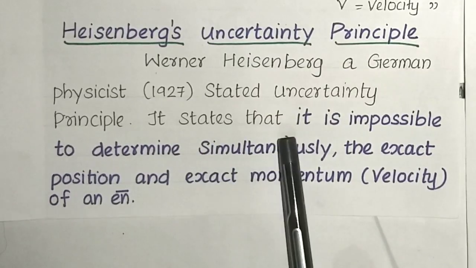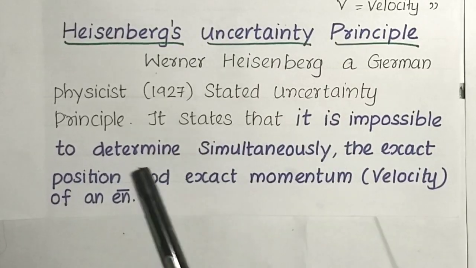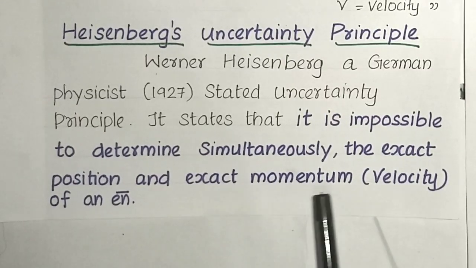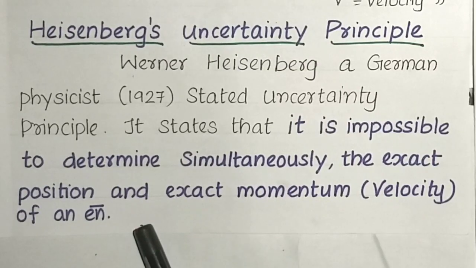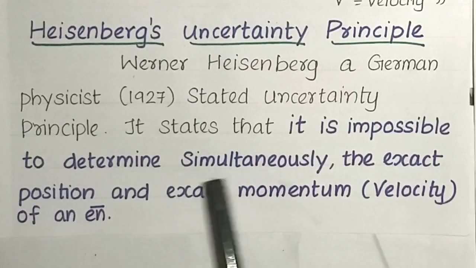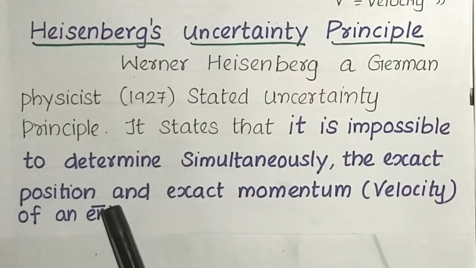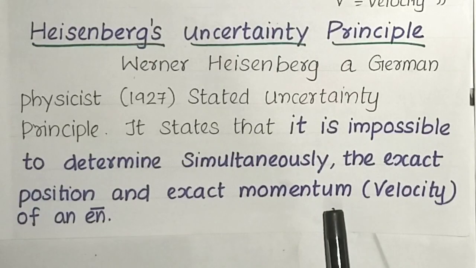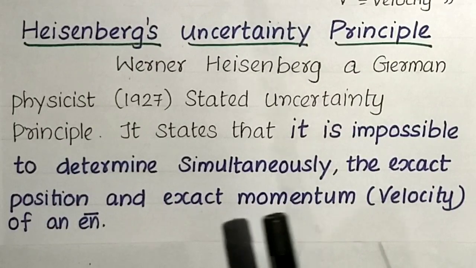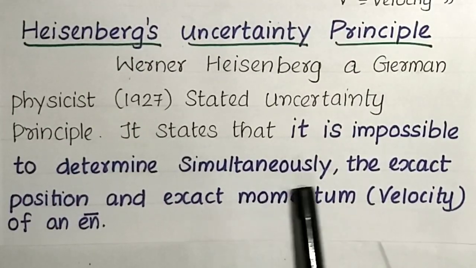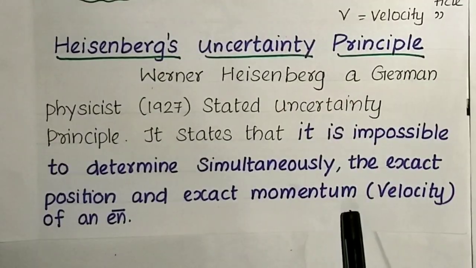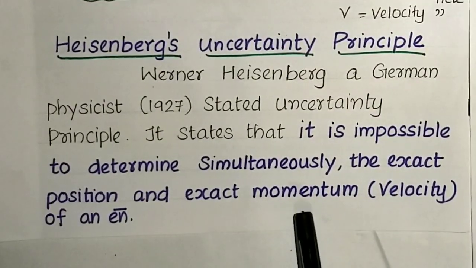It states that it is impossible to determine simultaneously the exact position and exact momentum or velocity of an electron. Electrons are constantly revolving around the nucleus, so it is impossible to calculate the exact position and exact momentum of an electron.